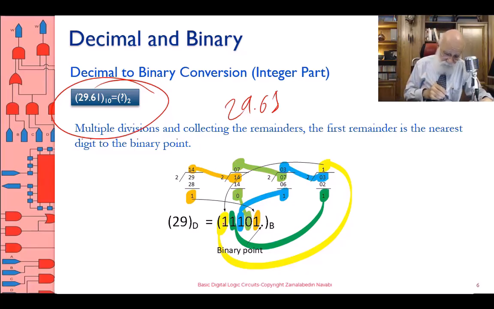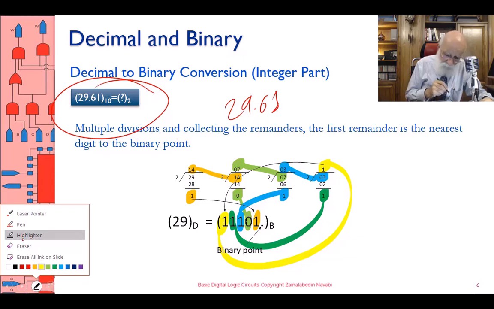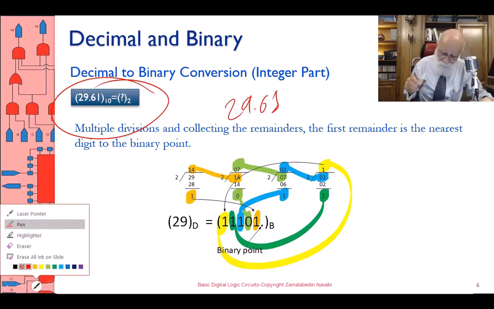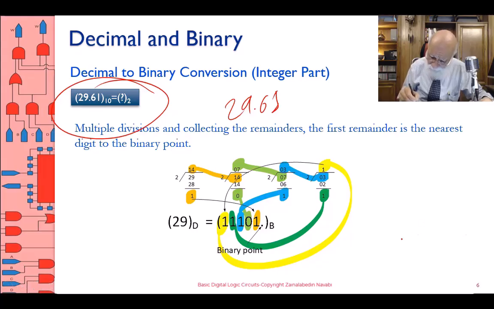Alternatively, which is really easier for me, let me do it a different way. You can say that the weight of each position is 1, 2, 4, 8, 16, 32, 64. These are the weights.